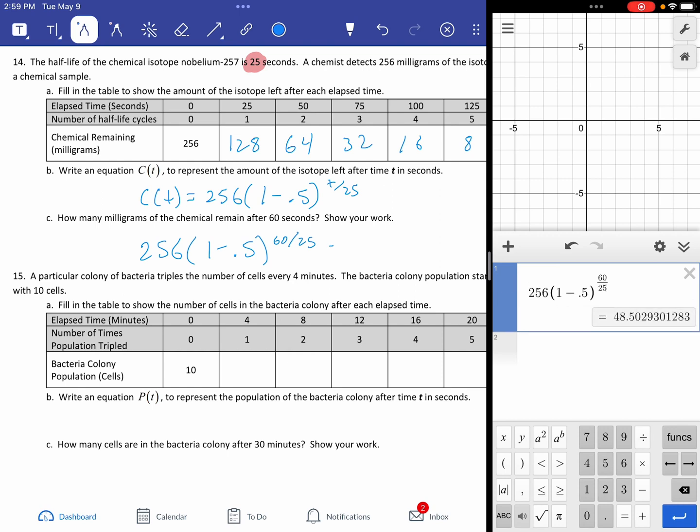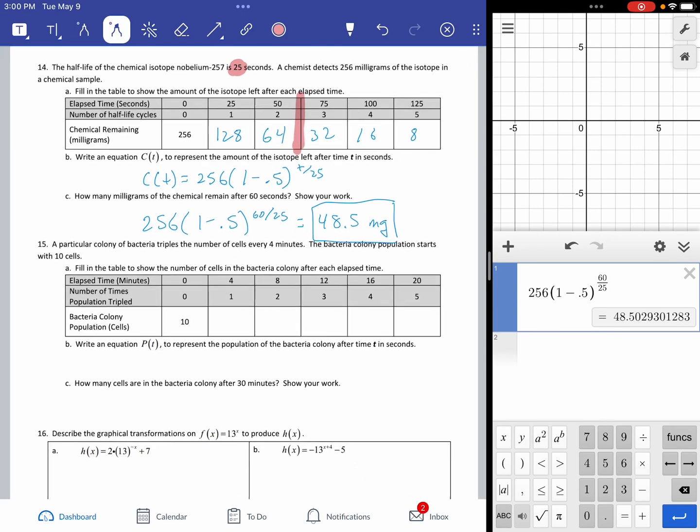Some problems. Okay, so we have 48.5 milligrams left. Okay, and that kind of fits in because 60 is someplace in here, and 48 is someplace between 64 and 32. That makes sense.